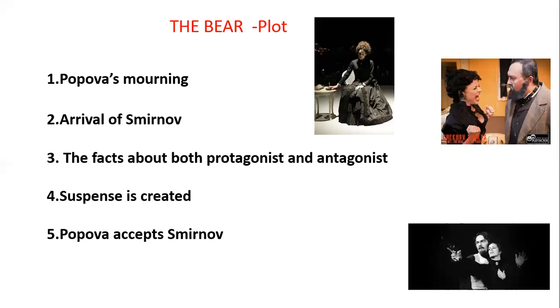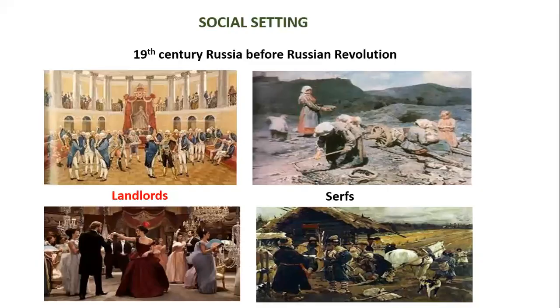Now, we have to talk about the era of the drama. Before going into the drama in detail, we can find the setting, that means the social setting especially. This is 19th century Russia before the Russian Revolution. This drama has a very important social setting, and this is the 19th century social setting. Now, landlords are there, so they enjoy life.